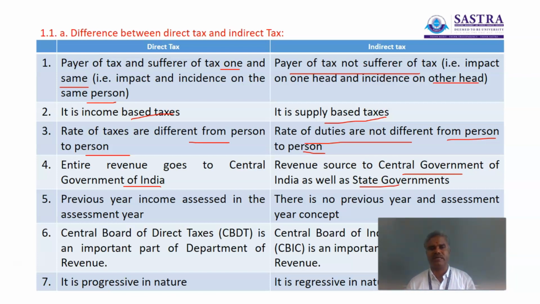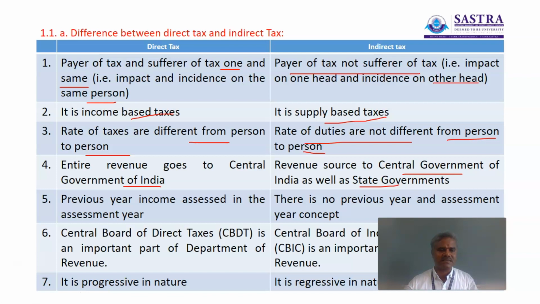SGST, this is for the state government. And UTGST, Union Territories Goods and Services Tax, this is for the union territories. But IGST is common for both central and state, collected by the central government, then the state government portion will be dispersed by the central government later.